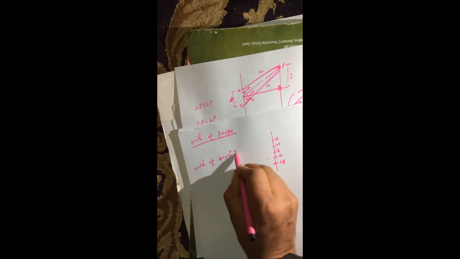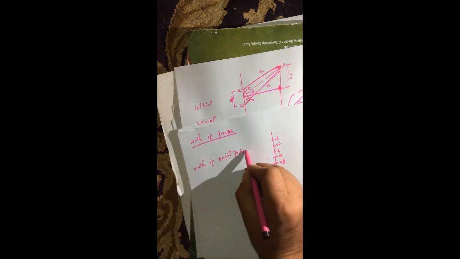Now we have to calculate the width of, let's suppose, our fringe, the width of bright fringe.